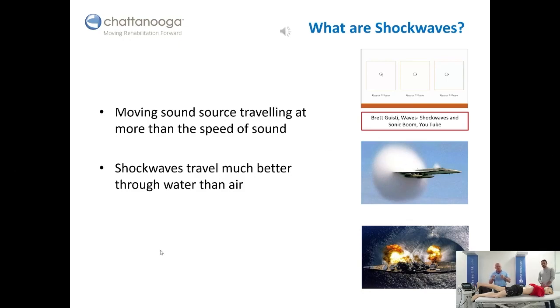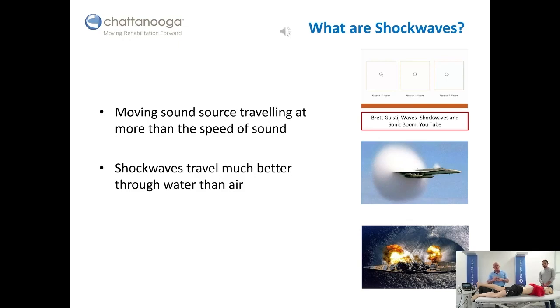But if the sound source is moving, then the pressure waves in front of the moving object start to become compressed. And if the moving object actually goes faster than the speed of sound, it overtakes those pressure waves and they start to overlap on each other. And that is what creates a shock wave.